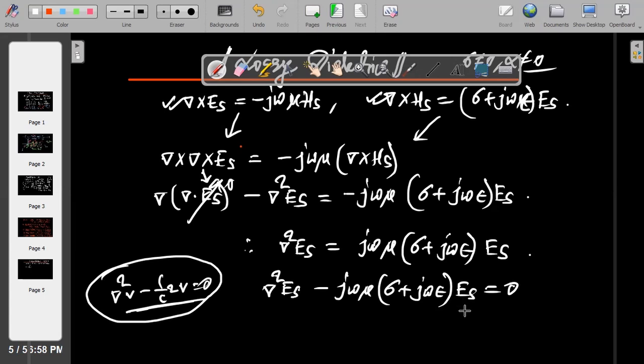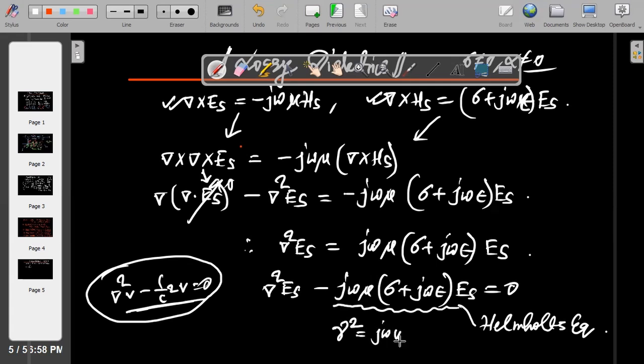And whatever is there inside is nothing but your gamma square. So gamma square is nothing but j omega mu into sigma plus j omega epsilon.